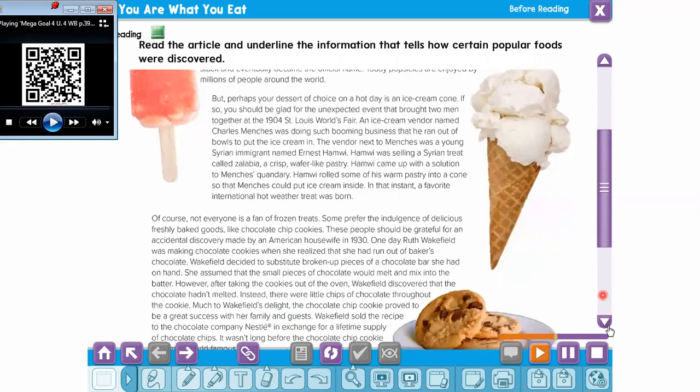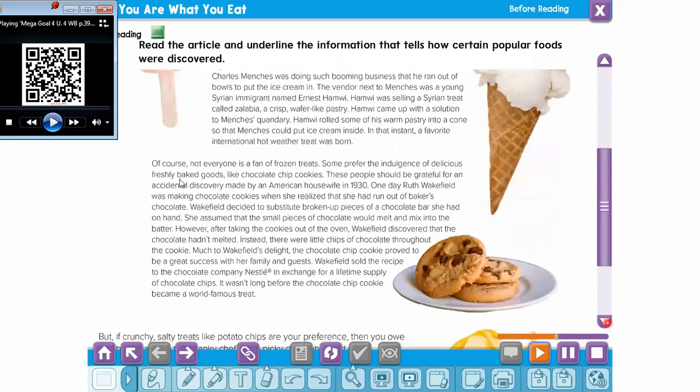Of course, not everyone is a fan of frozen treats. Some prefer the indulgence of delicious freshly baked goods, like chocolate chip cookies. These people should be grateful for an accidental discovery made by an American housewife in 1930. One day, Ruth Wakefield was making chocolate cookies when she realized she had run out of baker's chocolate. Wakefield decided to substitute broken up pieces of a chocolate bar she had on hand. She assumed that the small pieces of chocolate would melt and mix into the batter.